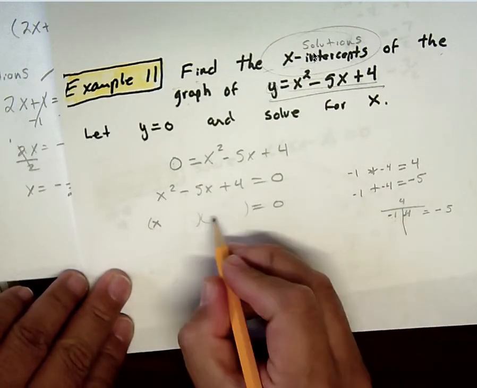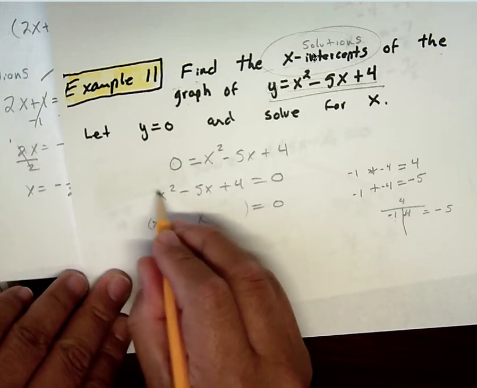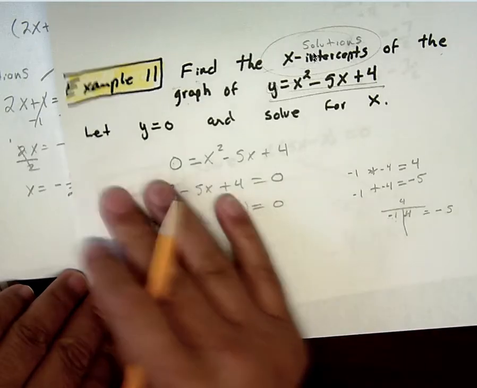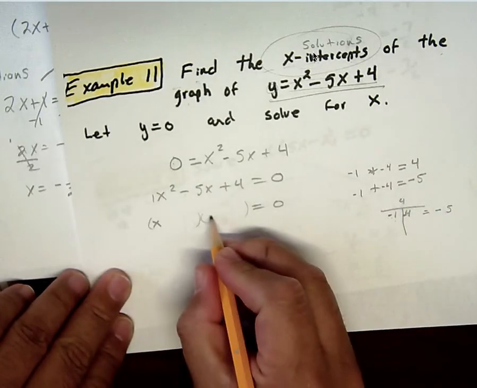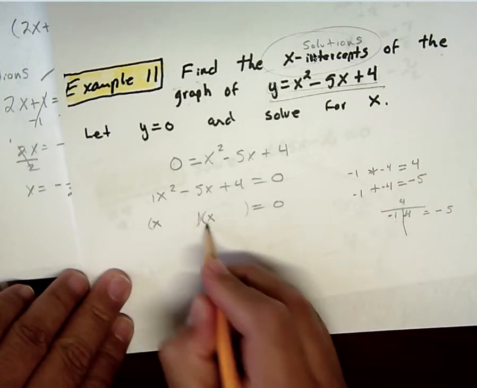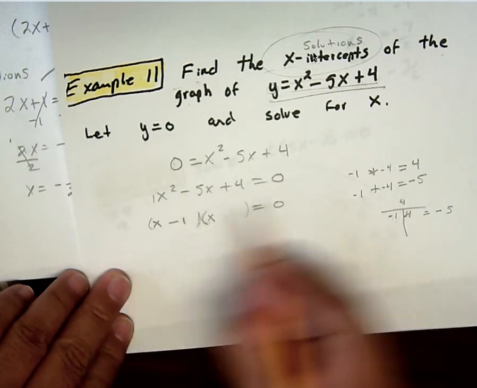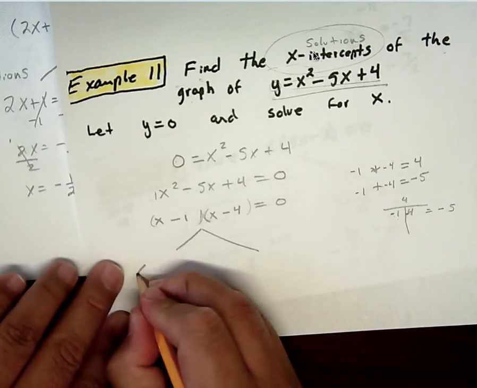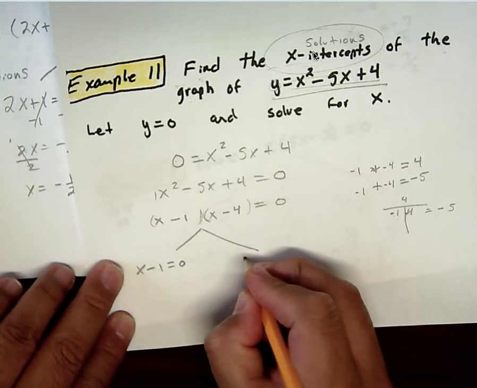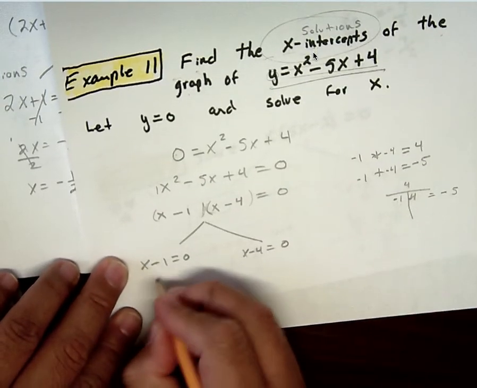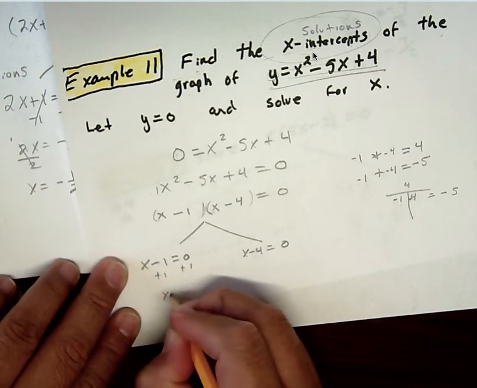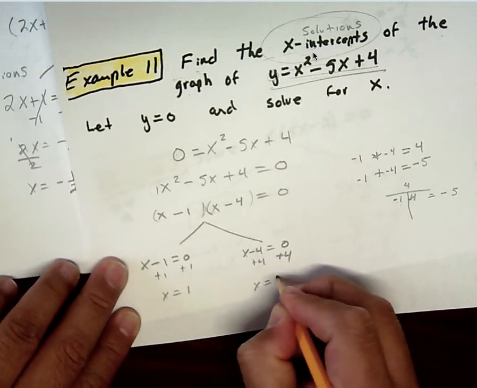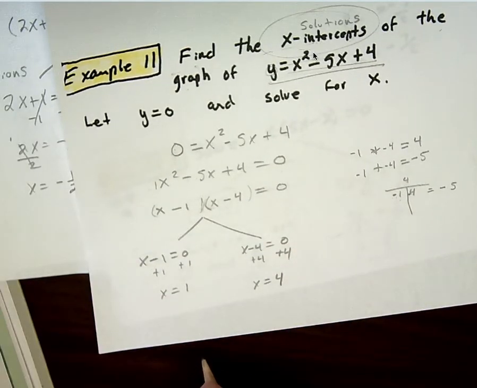In this type, A is 1, so we don't have to do the AC method. Just set it up like this, put -1 and -4, separate them like that, and then solve for x. So x equals 1 and x equals 4. Those two are the solutions.